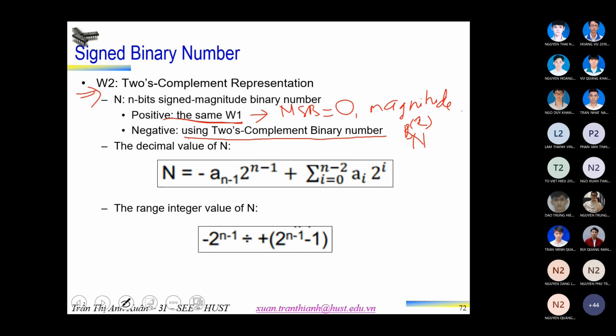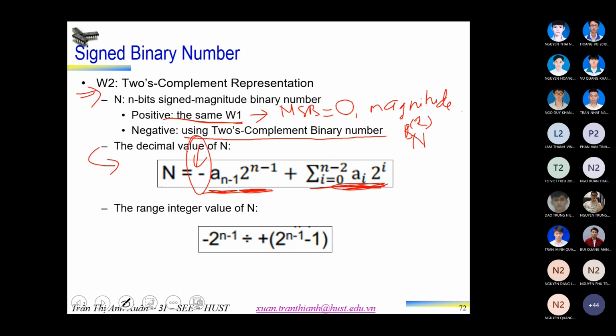So the decimal value is obtained from this formula. We look at the MSB bit, we insert the minus sign, and for the others it's the same rule as the conversion from binary to decimal.